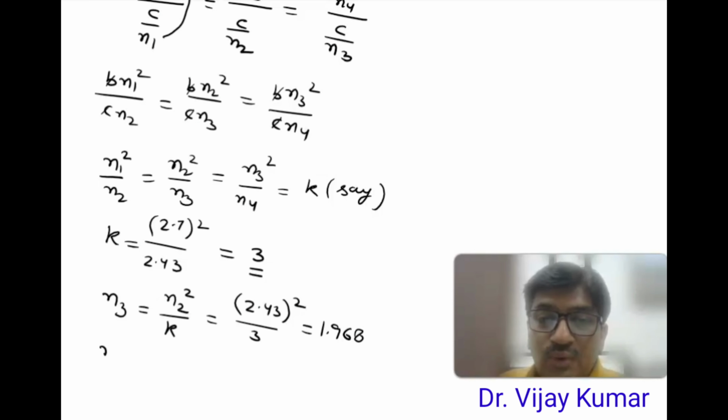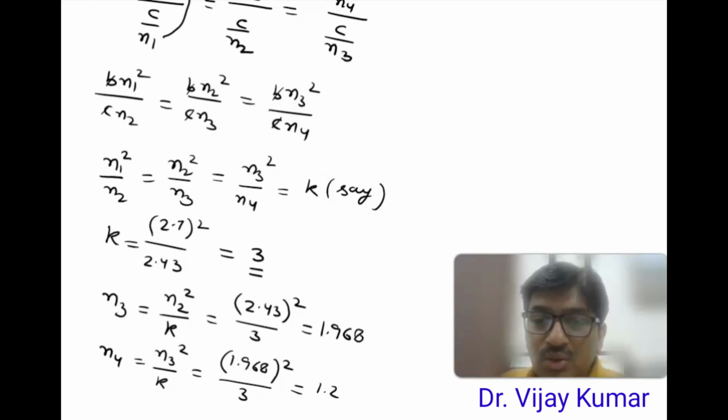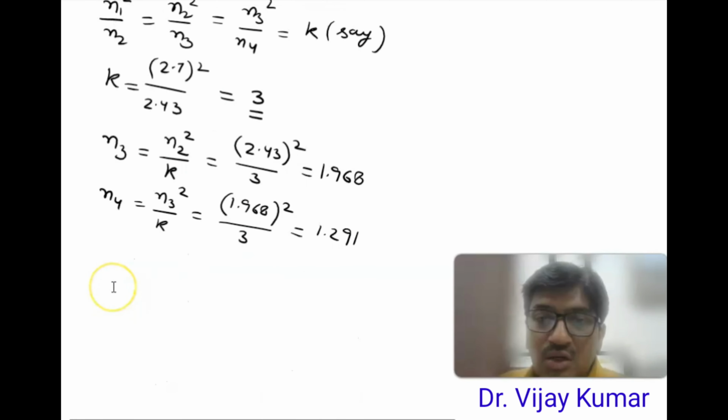And N4 becomes N3 square upon K, 1.968 square upon 3, and it becomes about 1.291.